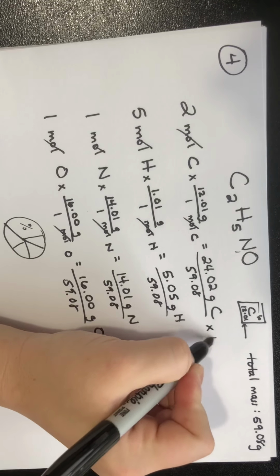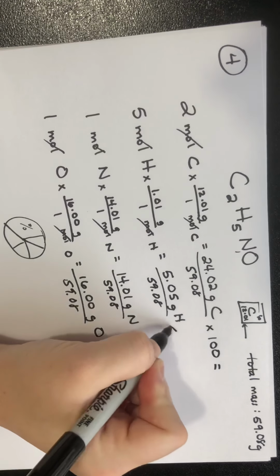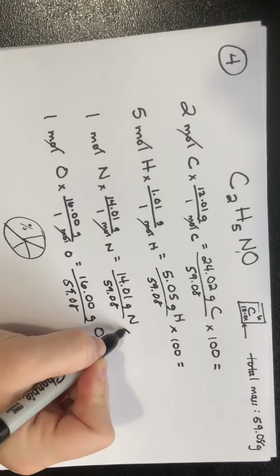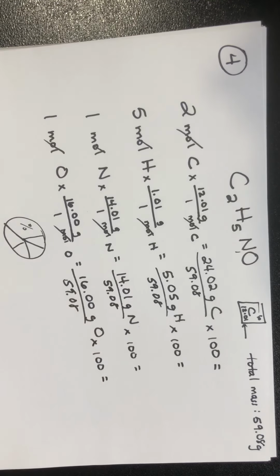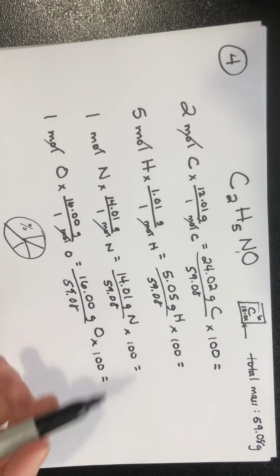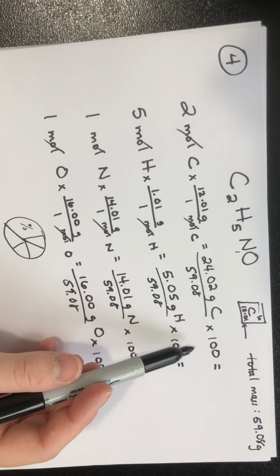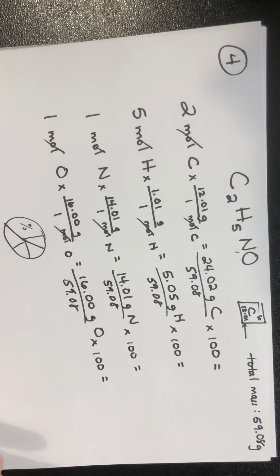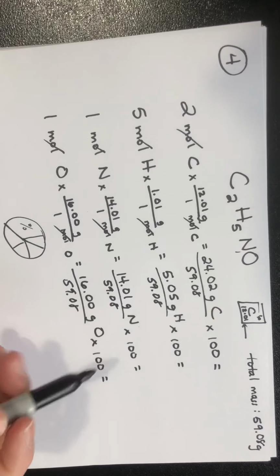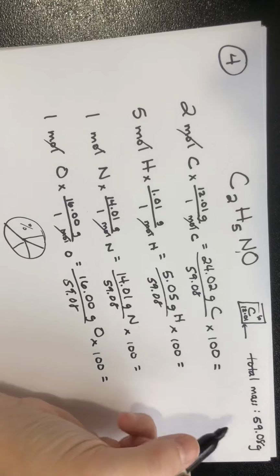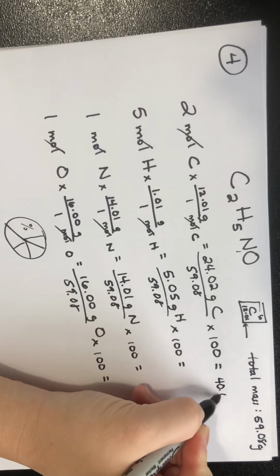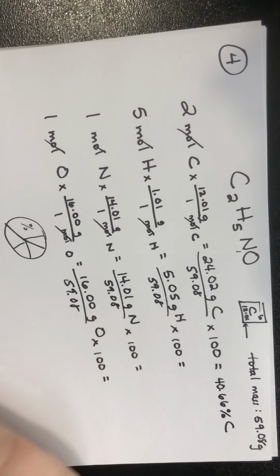We're also going to multiply by 100 because percentages should all add up to 100, and 100 is the magic number for percentages. So we are going to get a smaller decimal number for this, but whenever we multiply by 100, then we'll get a real number. So 24.02 divided by 59.08, and that is going to give us 40.66% carbon.